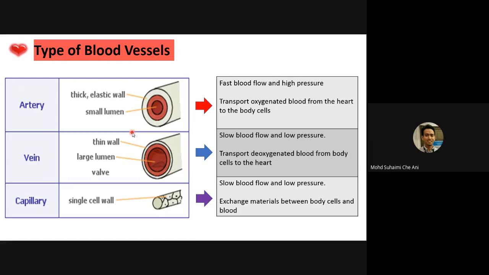When slower, there is potentially that the blood will go to the opposite. Remember that the valve functions to allow the blood to flow in one direction. So that's why the vein needs valve because the blood flow is slow, while artery is fast, they don't need the valve. Alright, Saranya, you understand.